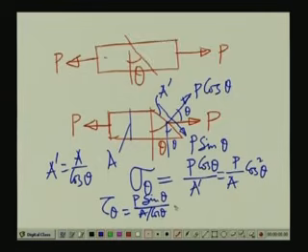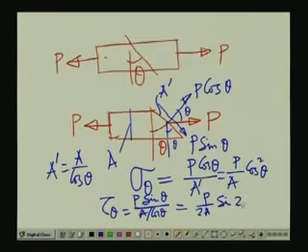This eventually is going to give us P by twice A sin 2 theta. So, these are the two stress components on this inclined plane. The normal stress is P by A cos square theta, and the stress which is parallel to the plane, which is the shearing component, is P by twice A sin 2 theta.